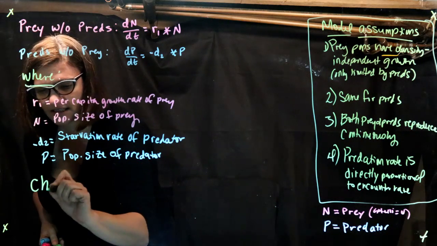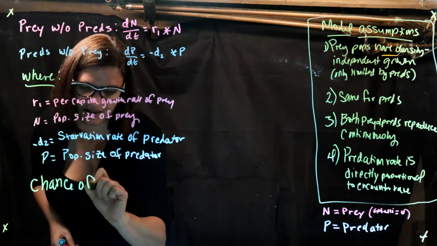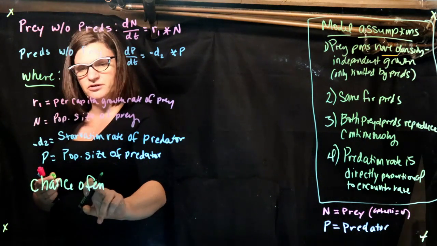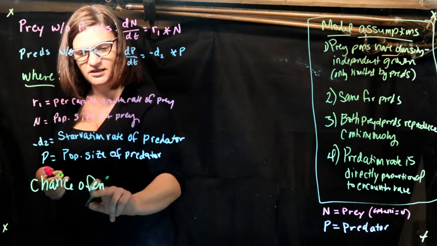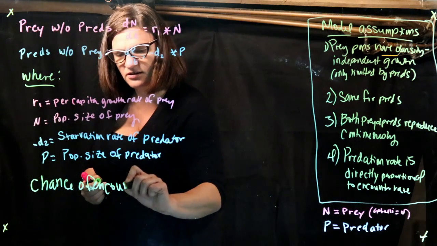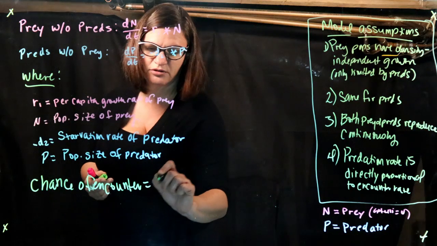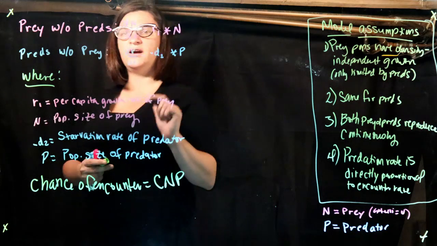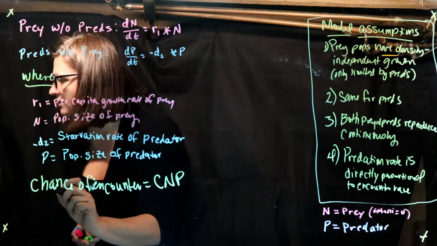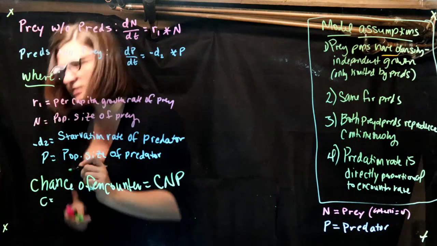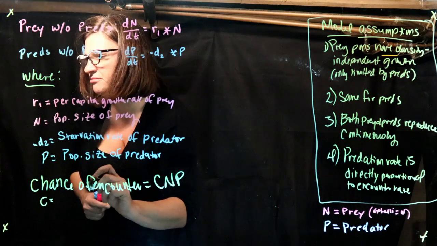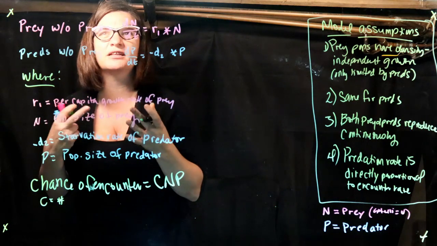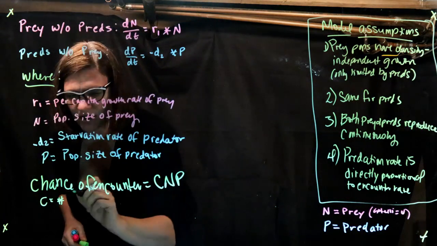Chance of encounter is equal to CNP, where C is the number of prey a predator can eat. So this is a consumption metric like we were looking at in our resource-based models.